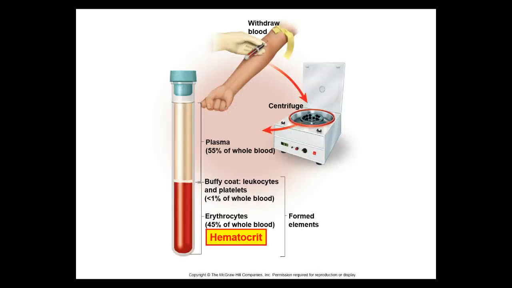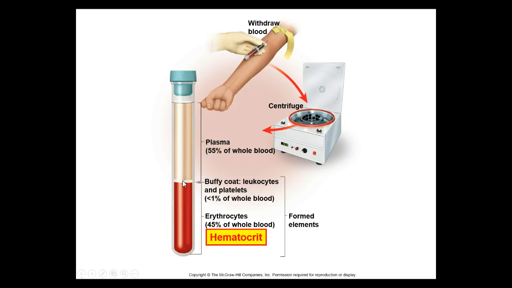When we look at the composition of blood, if we took a tube of blood that we just drew and spin it in a centrifuge, the heavier formed elements would accumulate on the bottom, and these are the red blood cells or the erythrocytes.